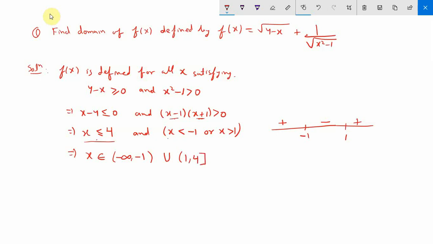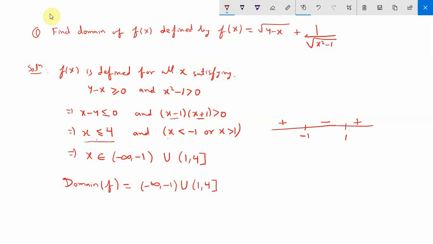Okay, so the domain of function f(x) is (−∞, −1) ∪ (1, 4]. Okay friends.